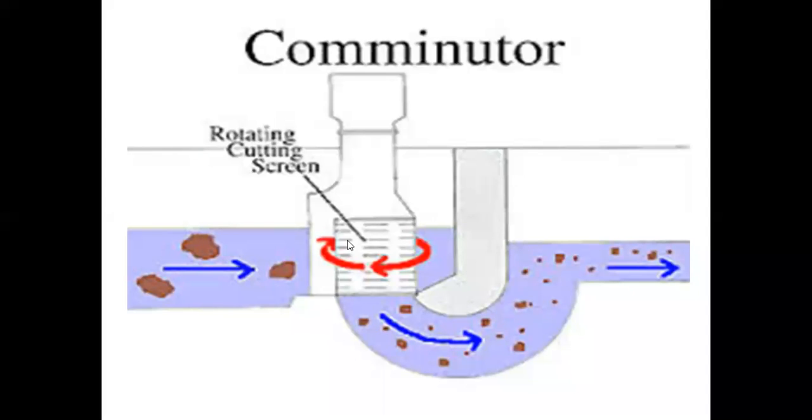The small shredded particles then pass through the slots of the drum and out of a bottom opening, here, through an inverted siphon.